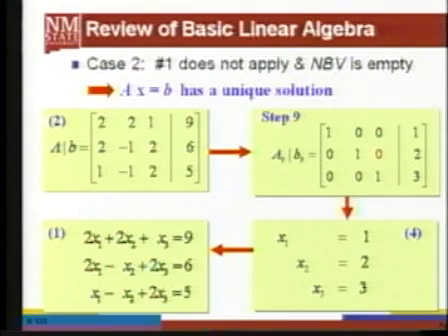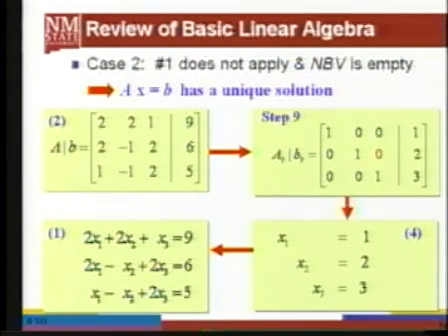In solving system number 1, the Gauss-Jordan method yielded this matrix in step number 9, right? So in this case, the set of basic variables would be x1, x2, and x3, and the set of non-basic variables is empty. And the unique solution to AX equals B is x1 equals 1, x2 equals 2, and x3 equals 3.